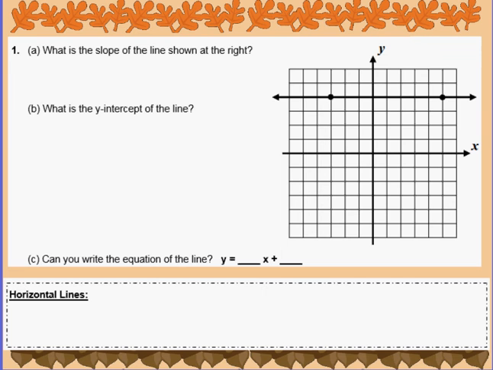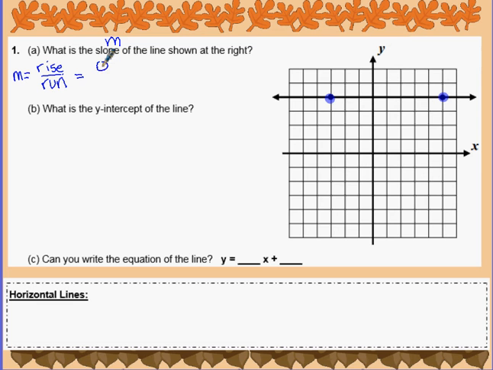So for question 1, it asks for what is the slope or the m value of the line shown at the right. So usually for m, we figure out what is our rise over run. So let's take a look. If I start out at this point here and travel to this next bold point, we can see that there is no rise at all.